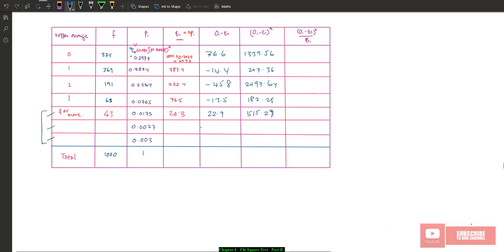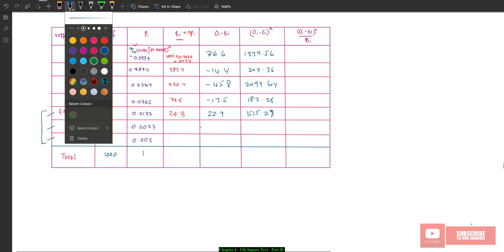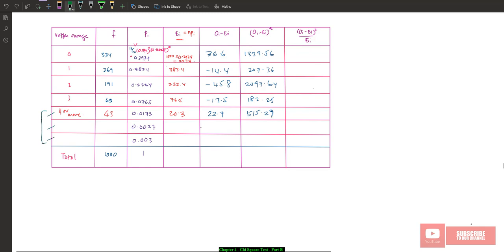Then we need to calculate the value of goodness of fit. So this one should be, let me use another color, this is 4.5042. This is 0.54085. This is 9.4318.